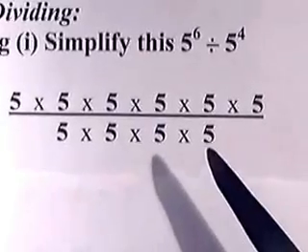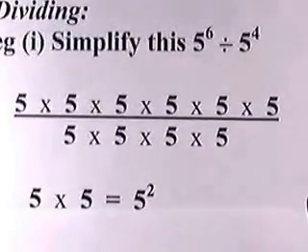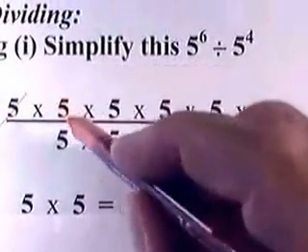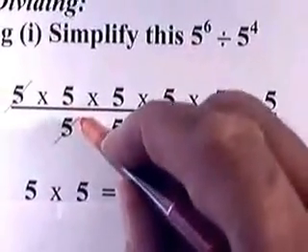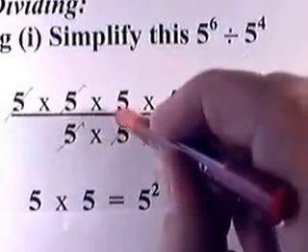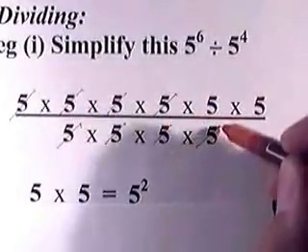And if we look at that, we can actually cancel off all these 5s. 1 5 off the top with 1 on the bottom, another one there, another one there, 1 on the top, 1 on the bottom, 1 on the top, 1 on the bottom.